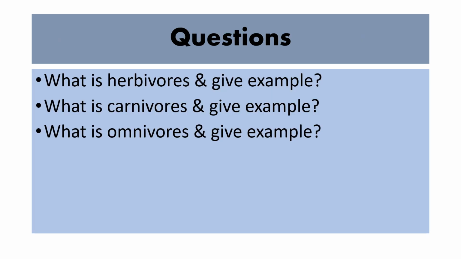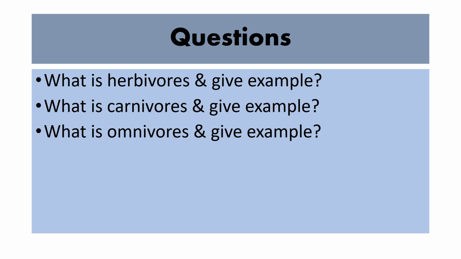At the end of this lesson, can you classify animals according to their eating habits? Can you remember what herbivore is? And can you give me an example? Next, what is carnivore? Can you give me an example? And lastly, can you remember what omnivore is? And give me an example.